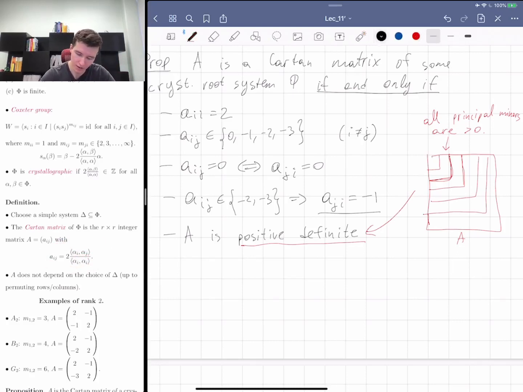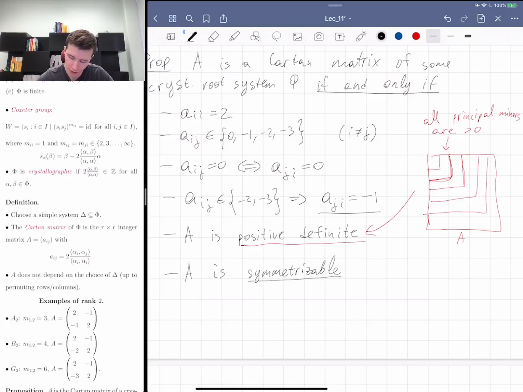Finally, the last condition, which is also going to be important when we come back to cluster algebras, is that A is symmetrizable. And what does symmetrizable mean?